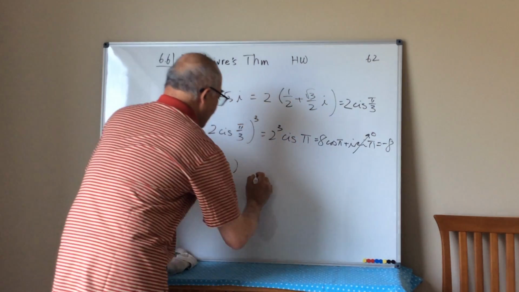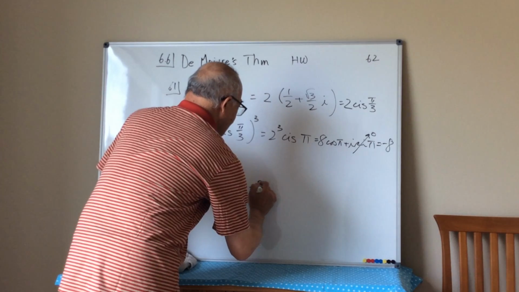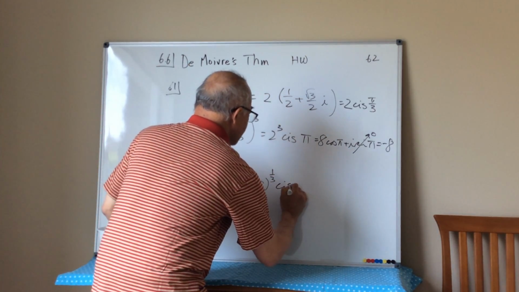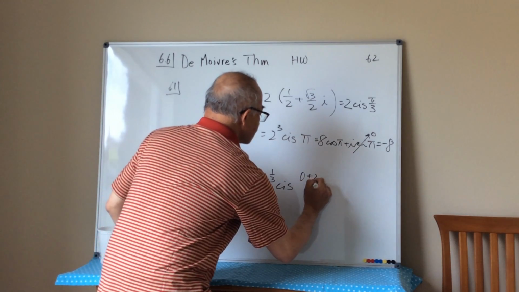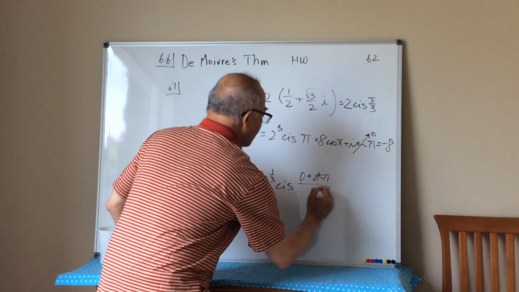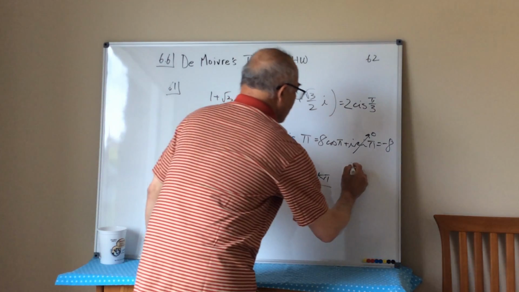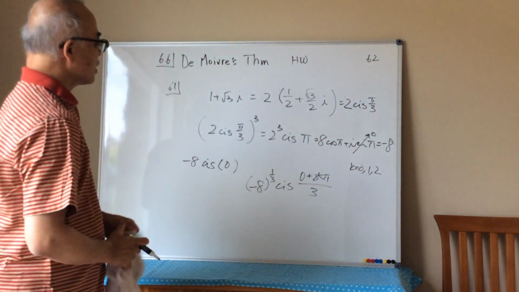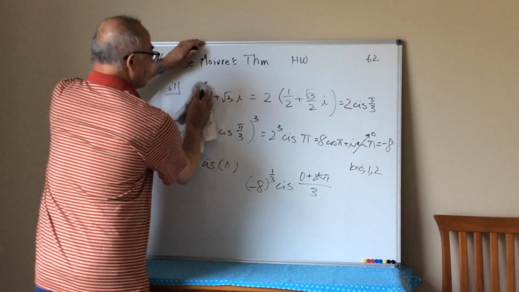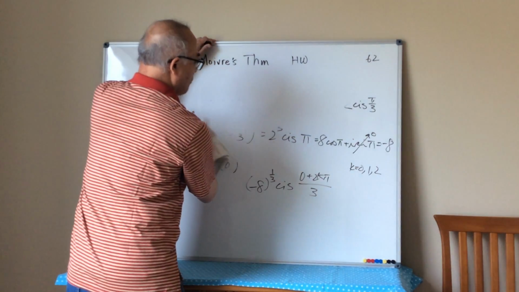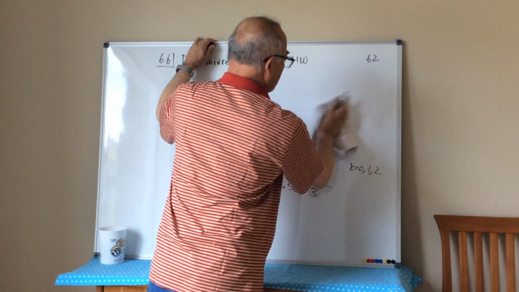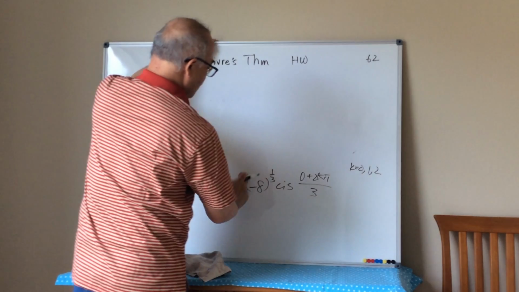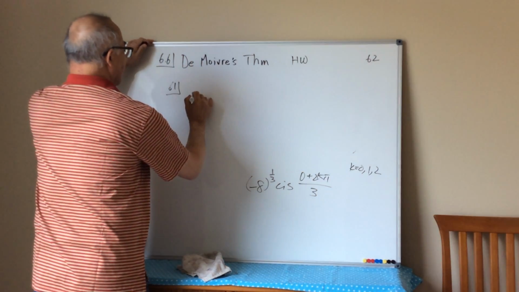So now I'm going to find the cube root of this. So what do I get? I get negative 8 to the 1 third, cis of 0 plus 2k pi over 3, where k is equal to 0, 1, and 2. Those are my 3 roots. So the cube root of negative 8 is negative 2.